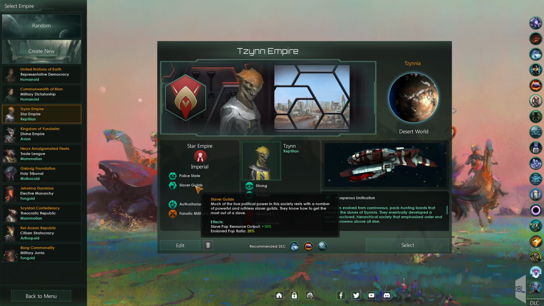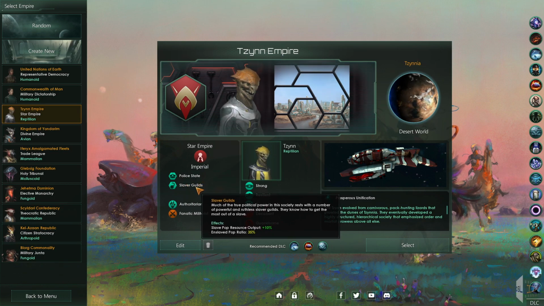I know this is super exciting, but I got to start somewhere. So I just want to see what all these races are all about. Slaver guilds. Much of the true political power in this society rests with a number of powerful and ruthless slaver guilds. They know how to get the most out of a slave.